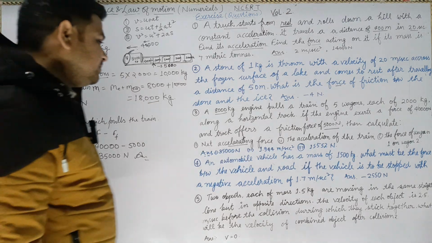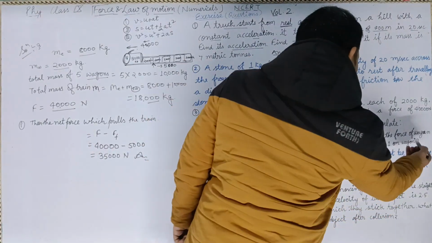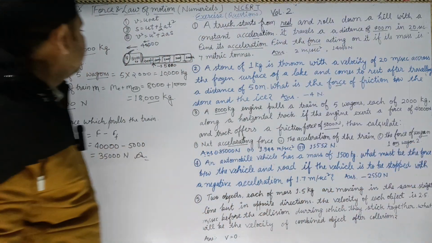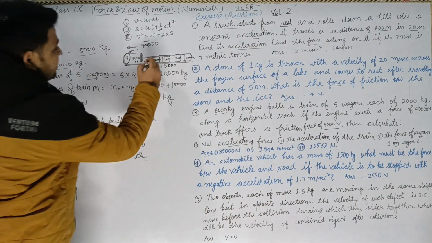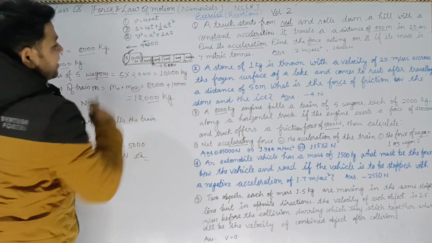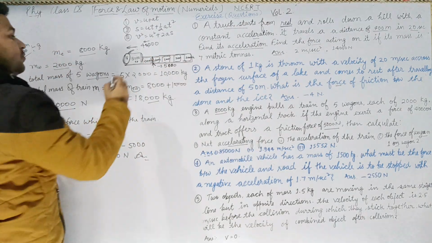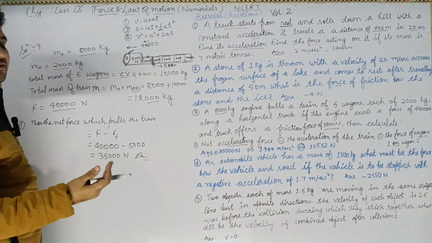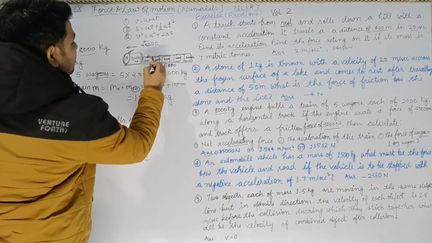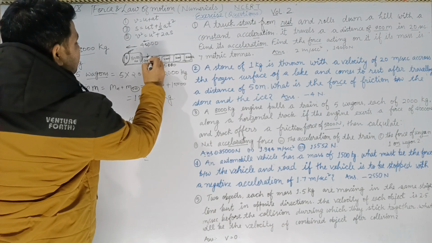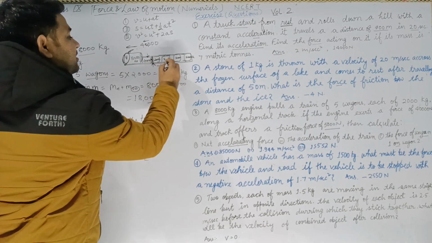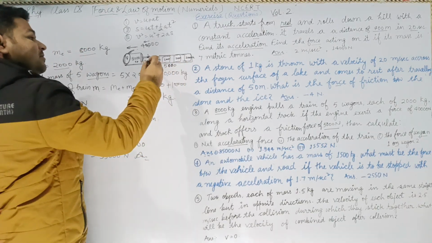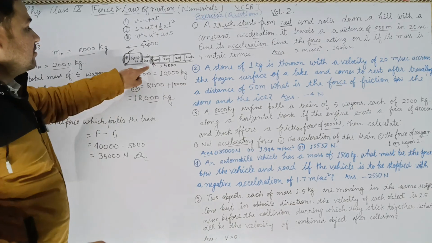Next point is the force of wagon 1 on wagon 2. In this condition, we have to find how much force wagon 1 applies on wagon 2. We see here wagon 2, wagon 3, wagon 4, wagon 5 are connected with wagon 1.